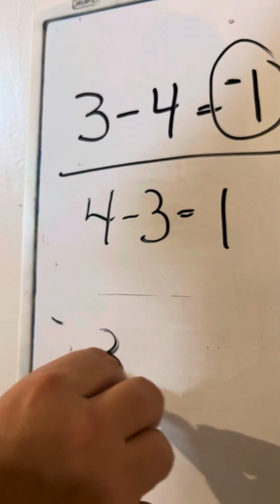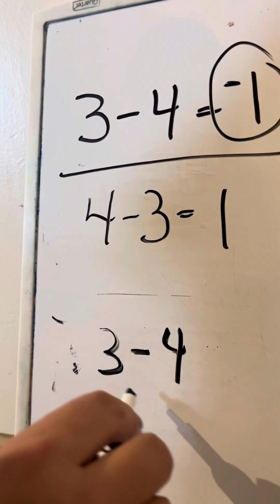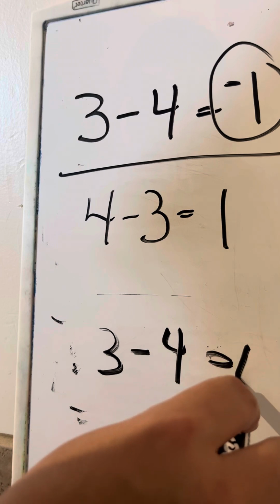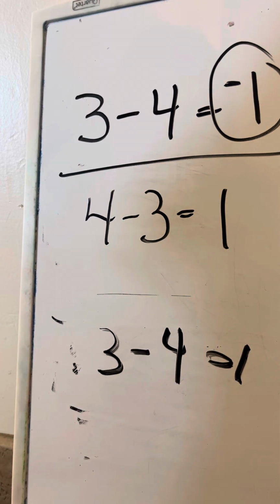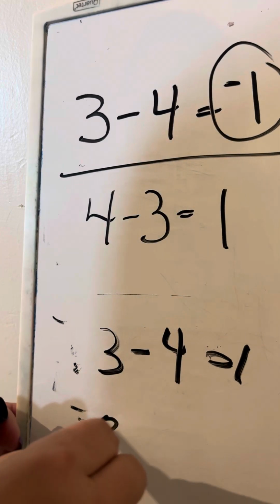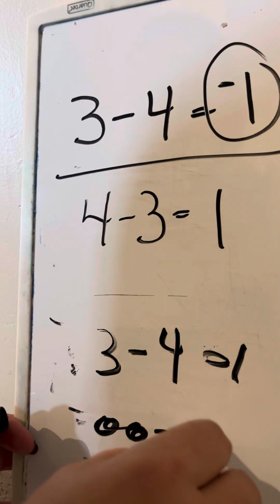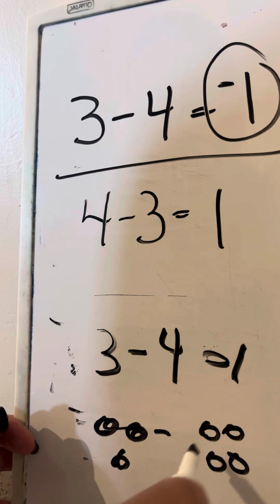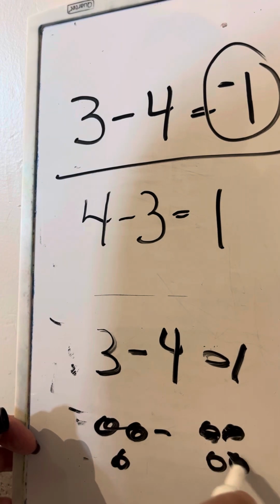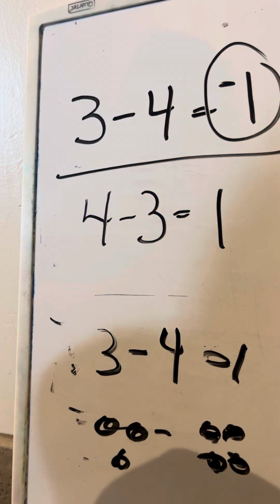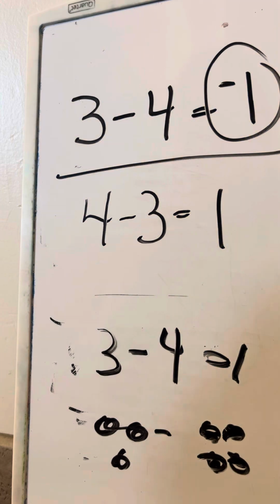You can't take something away from something that's not there. For instance, you have 3 and you subtract 4. There's no way to do that because you don't have that many.